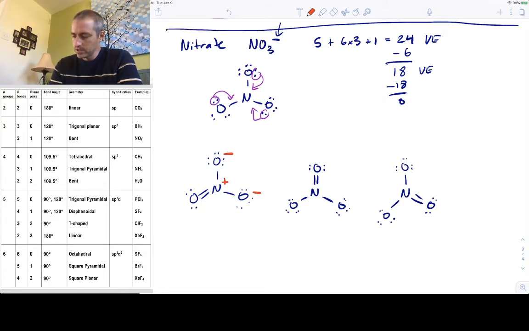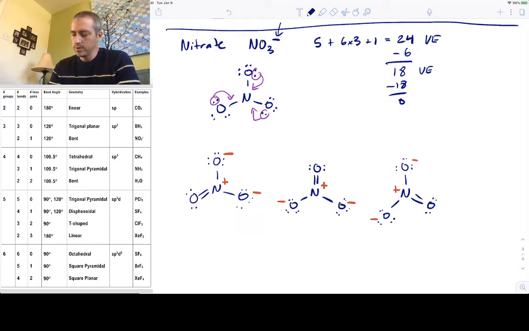The middle structure, the nitrogen is +1, and the 2 lower oxygens are -1, -1. In the right-hand structure, we have +1, -1, and -1. We can't use formal charges in this example to say one is better than the other 2, because all 3 of these structures have 2 negatives and a positive: 2 negatives on oxygens and a positive on a nitrogen.